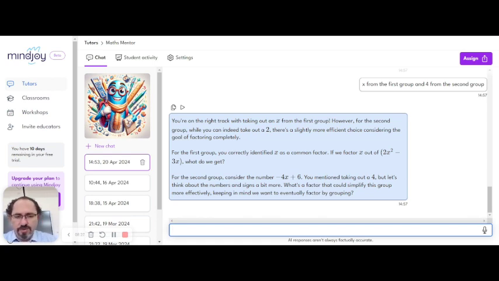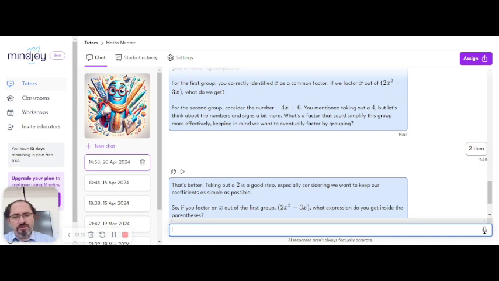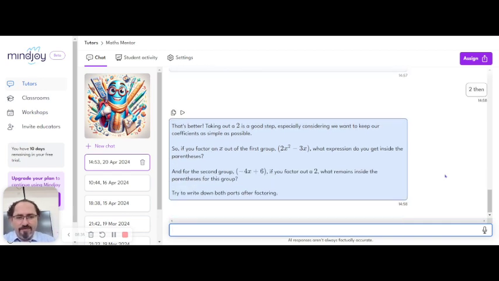So I'm going to go with 2 then. Right. That's better. Taking out a 2 is a good step, especially if you factor an x out of, it's even asking me the factored form. That's great. Right, okay, so it's going to be x in brackets, 2x minus 3, 2 minus 2x plus 3.